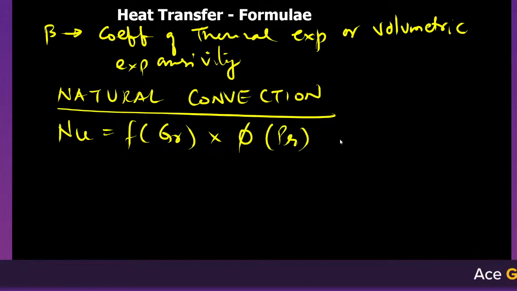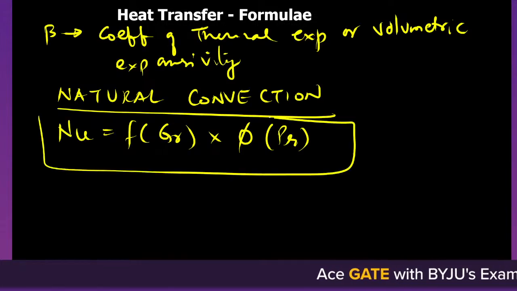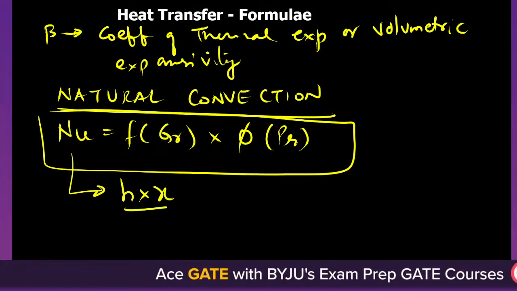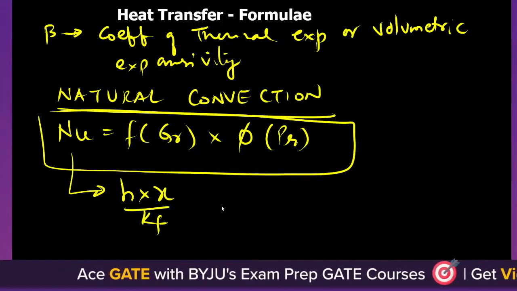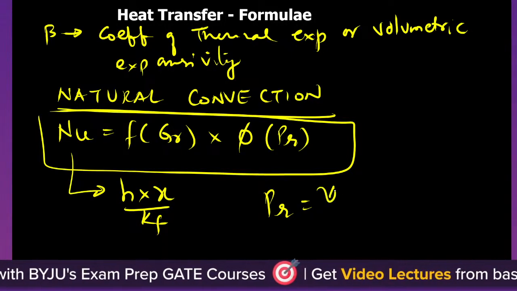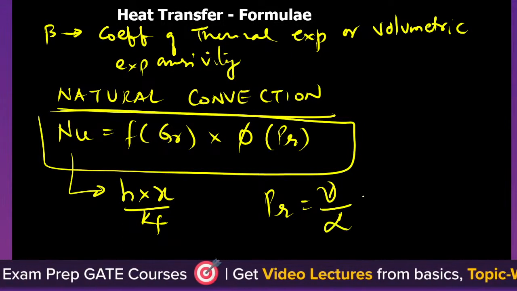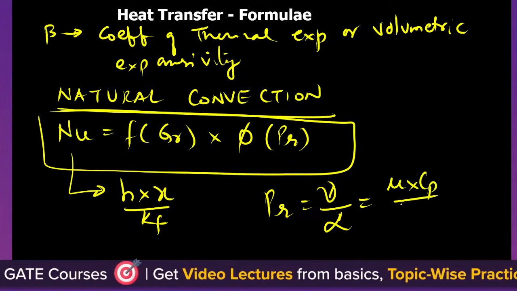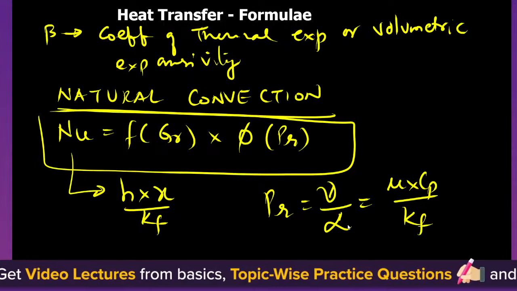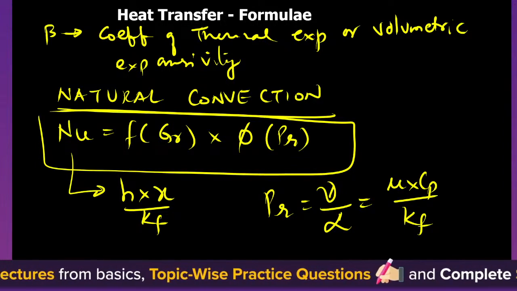Nusselt number we all know, h into x by kf. Prandtl number is kinematic viscosity by alpha, that is mu into Cp by kf. For natural convection, the Grashof number decides the nature of convection.